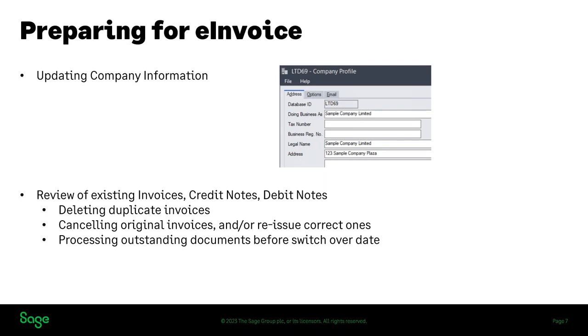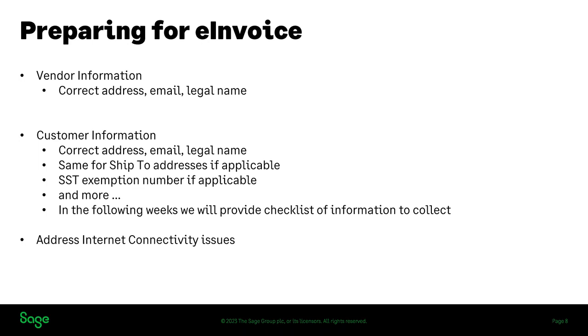Okay. So the next item on here is a few items with respect to vendors and customers. Ensuring that we have things such as the correct address, the emails, and the legal names. The customer information is probably the more important at this particular point in time. So once again, the addresses, emails, legal names, ship-to addresses, and if there are SST exemption numbers, and there's going to be a lot more fields in here as well.